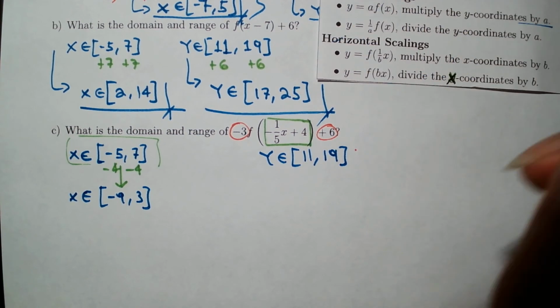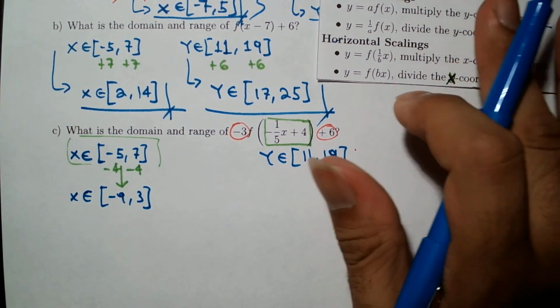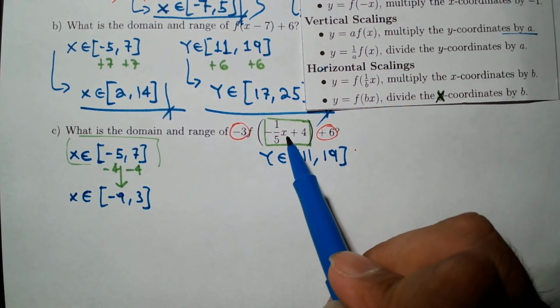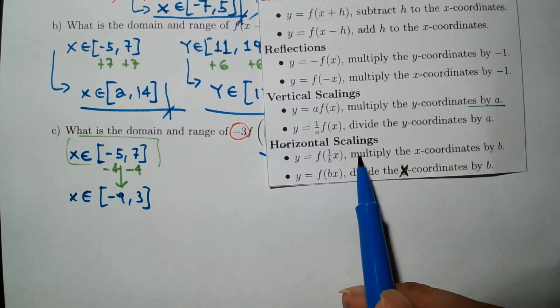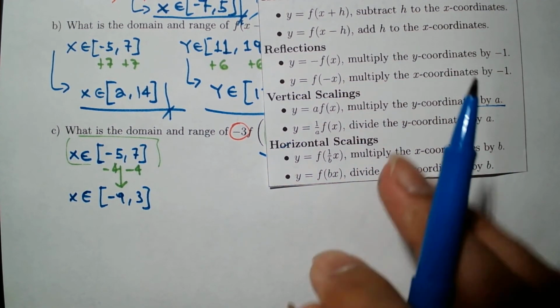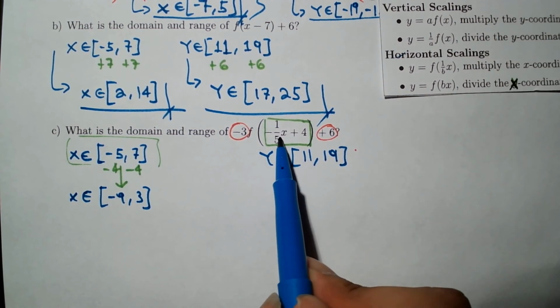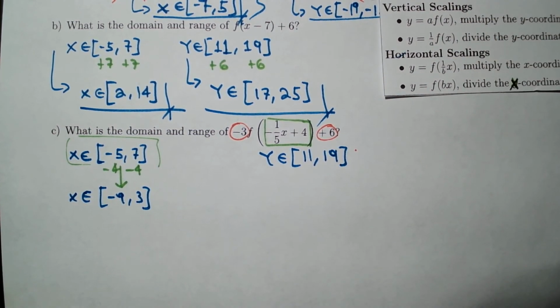So in this case, the 1/5, it's the second to the last. Multiply the x coordinates by b. In this case, b is 5, so I'm going to times this by 5.